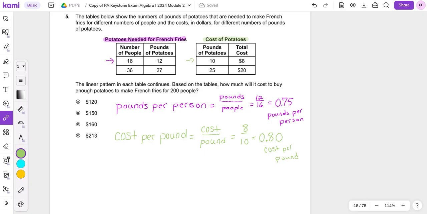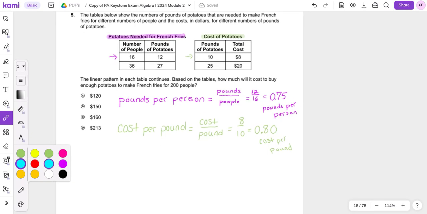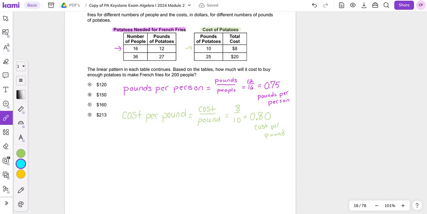We then want to calculate the total number of pounds needed for 200 people. Since I have 200 people, I'm going to multiply the 200 people by the 0.75 pounds per person.